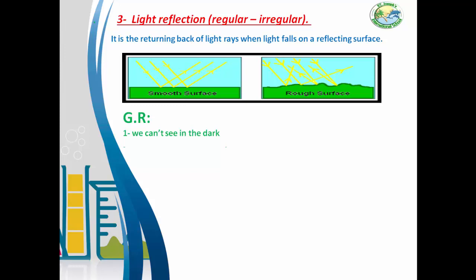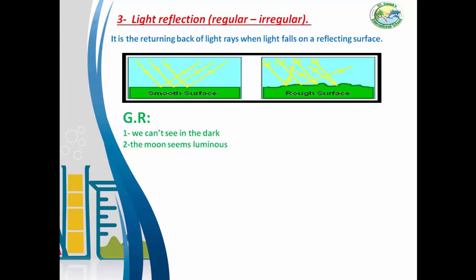Another give reason question. The moon seems luminous, and luminous here means bright. It appears as a lighted object like the sun. But we said in the beginning of this lesson that it isn't considered a source of light. How can we see it luminous?